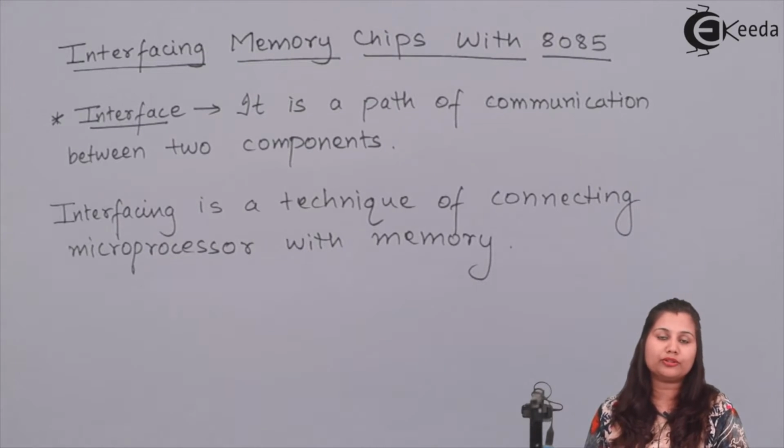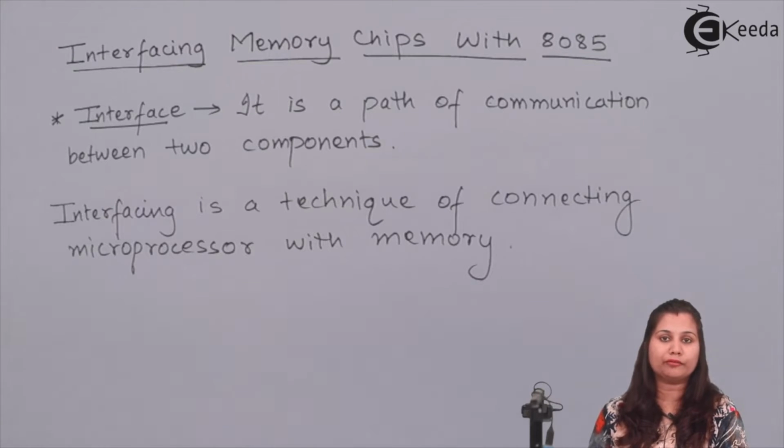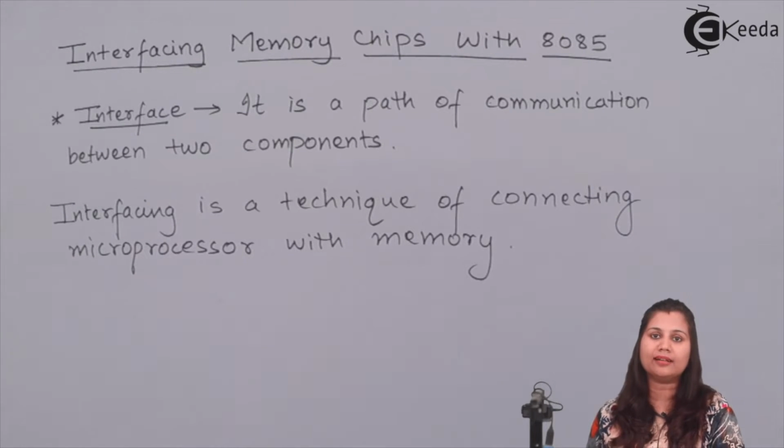So some path should be available for the flow of data between the memory and the microprocessor, and this path is provided by the interfacing circuit between the memory and the 8085 microprocessor.